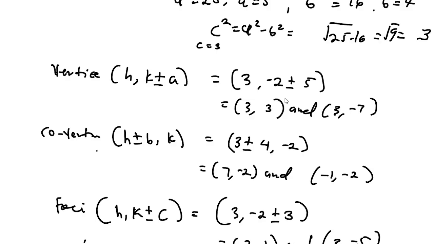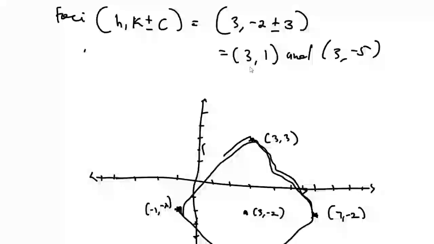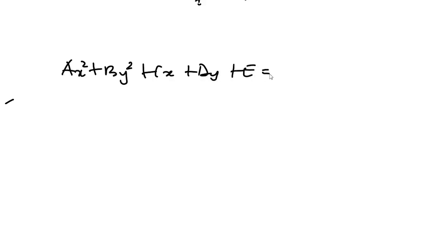So, for example, it can be given in the form ax squared plus by squared plus cx plus dy plus e being equal to 0. So it can be given in this form.